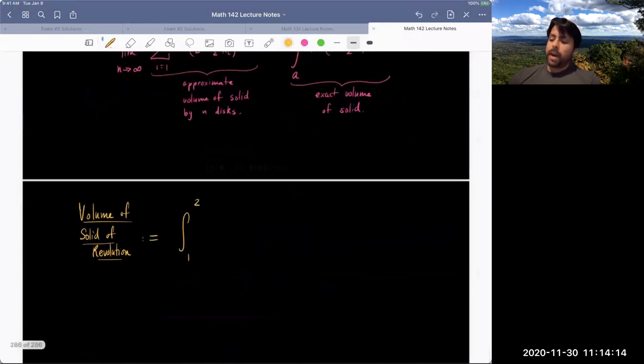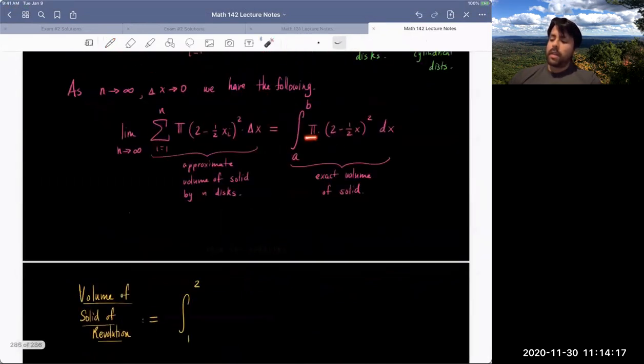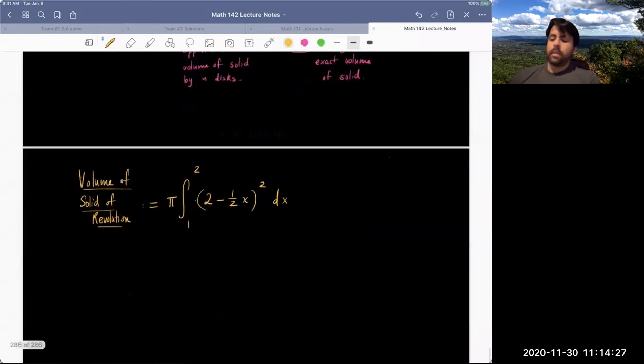And since pi is a constant, I can place that outside. And what's left is 2 minus 1 half x squared dx.